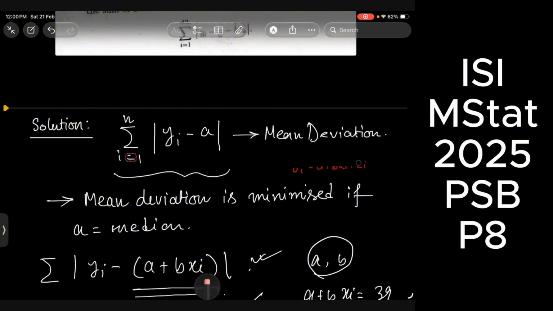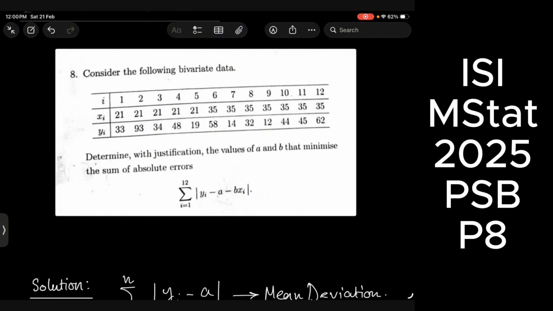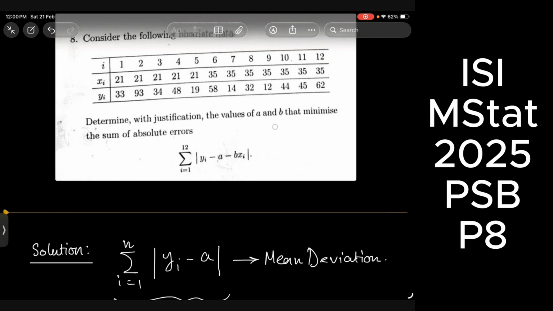I'm just writing it in here. yi is something like this, and what will be epsilon i, right?